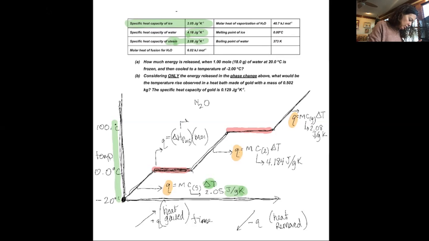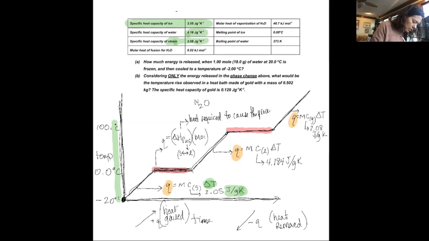First of all, fusion is our solid to liquid, liquid to solid process. The delta H is the heat required to cause the process.